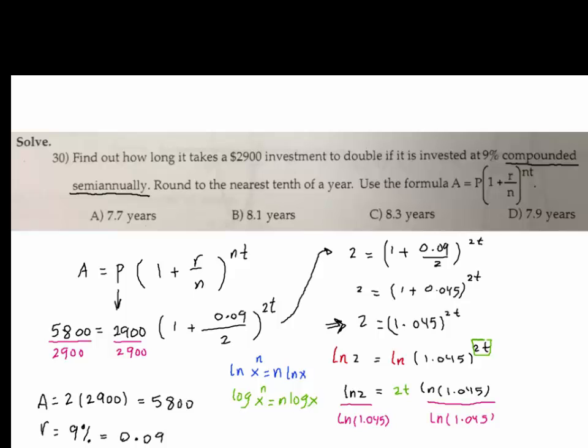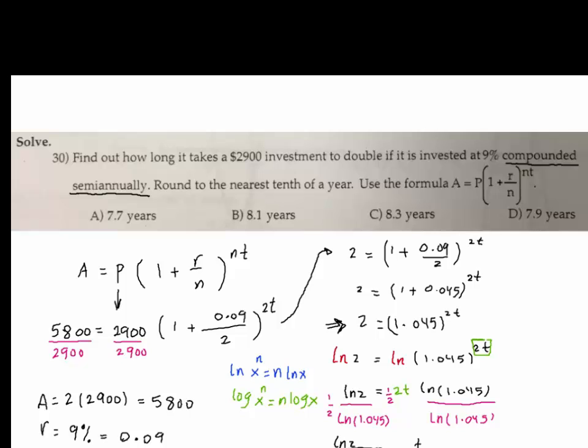So I can also multiply both sides by 1/2. So here we have it. We isolate the t finally. So t would be equal to natural log of 2 over natural log of 1.045, and then we have 2 here also.